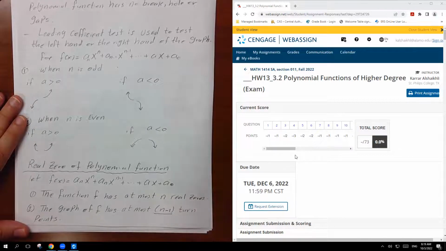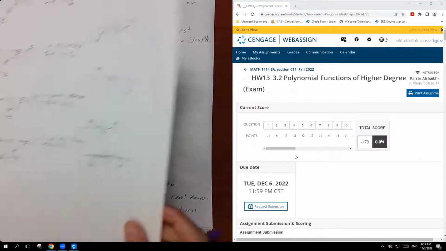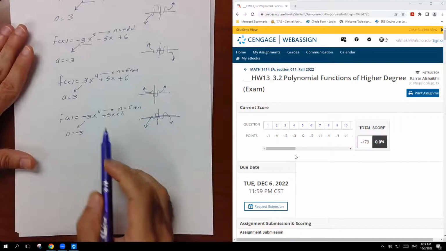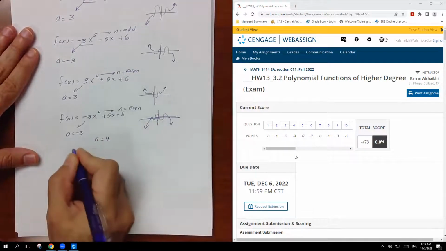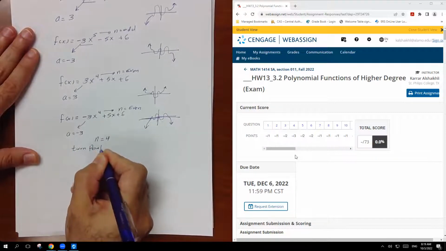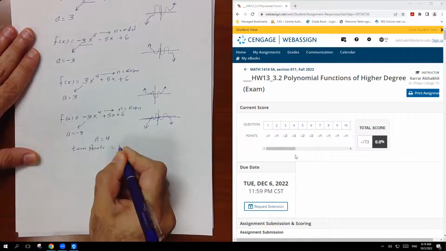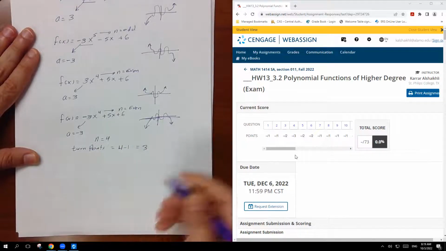How many turning points for the graph? n - 1. If we go back to the simple example, n here is 4, so the turning points are 4 - 1 = 3. That means we have 3 turning points.